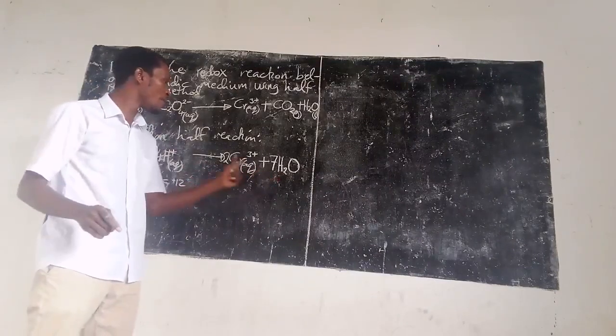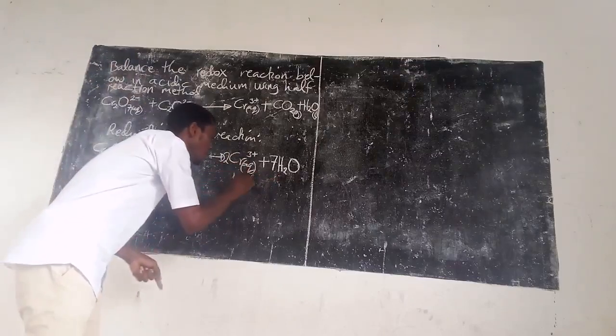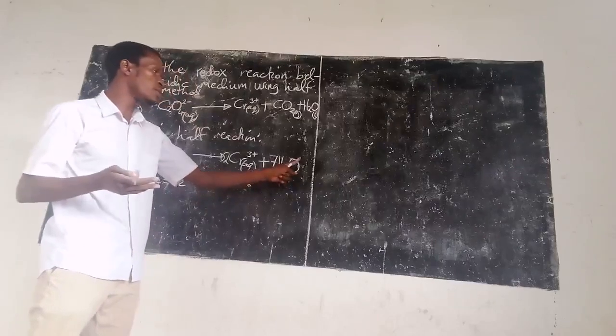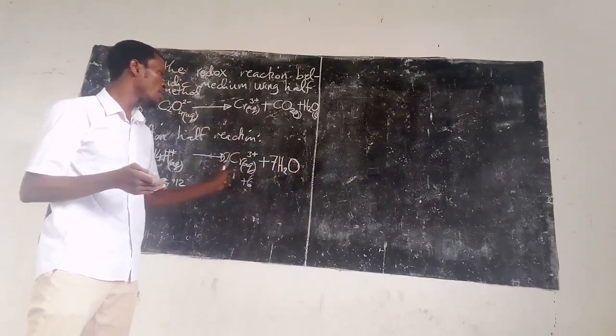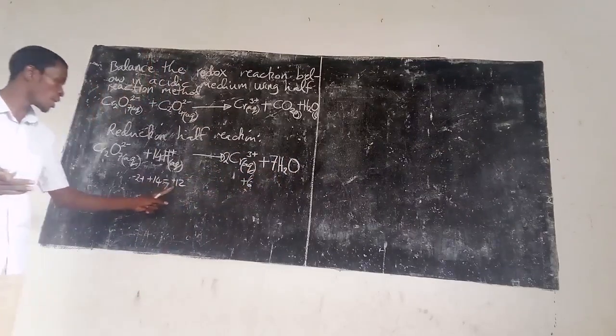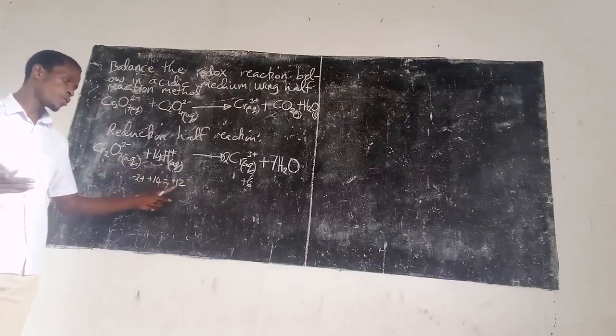On the product side, the charge is 2 times +3, which is +6, and water is neutral with charge 0. So the total charge on the product side is +6, while the total charge on the reactant side is +12.